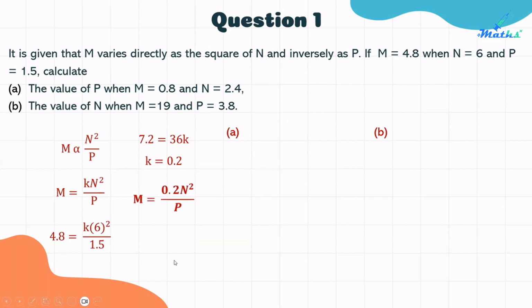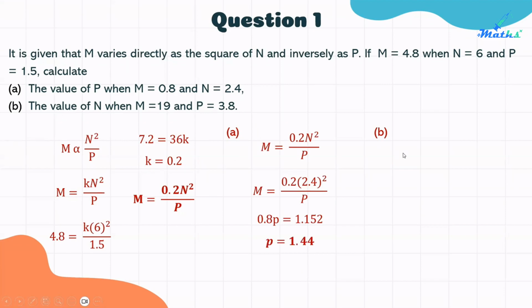So m equals 0.2 n squared over p. Now we need to find the value of p when m is 0.8 and n is 2.4. Use this equation. So our p will equal 1.44.